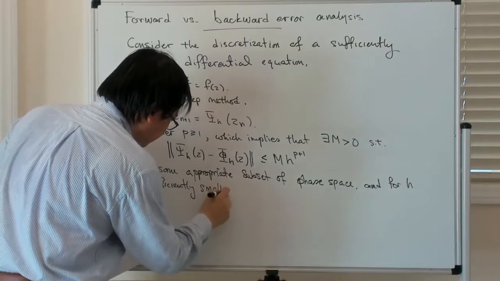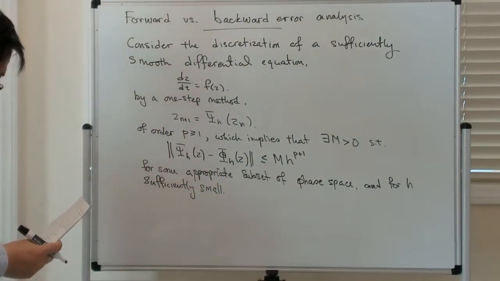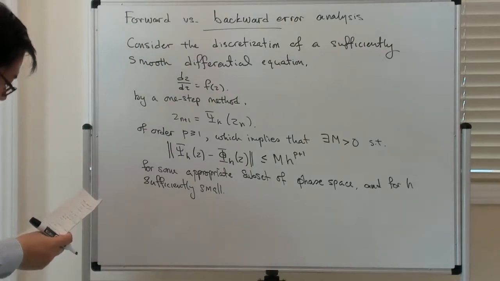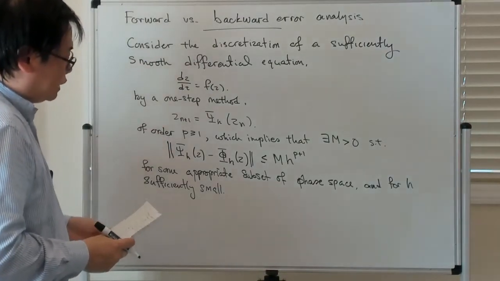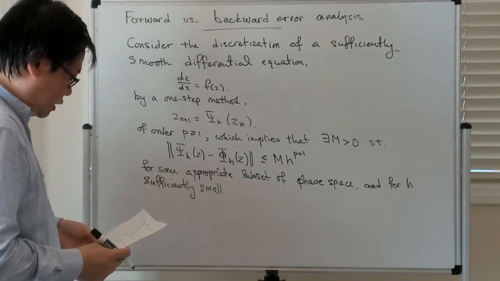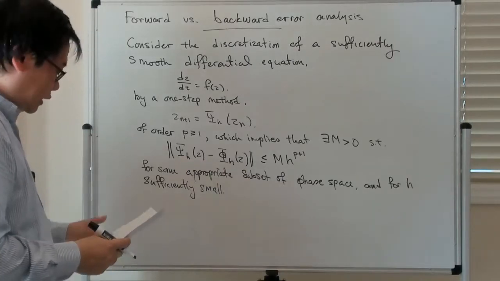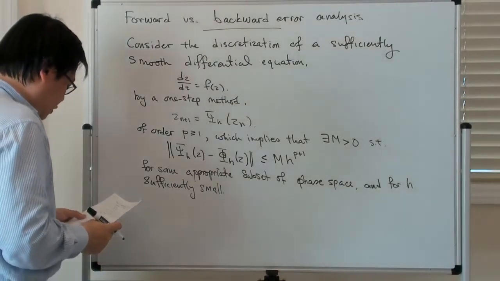So this is really just the usual notion of forward error analysis so far. Then if you have a local error estimate like this, then you can basically use the Gronwall lemma to conclude the following.